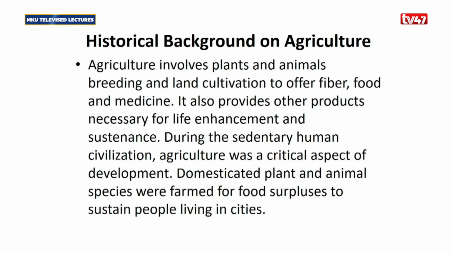And with advanced agriculture over the ages, it even led to the sophistication of the human brain and led to the Industrial Revolution. After that, we are now in the knowledge-based revolution. So the development of agriculture is key to the development of the human species.